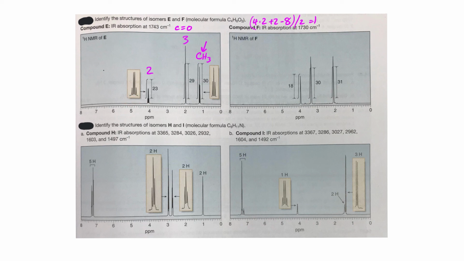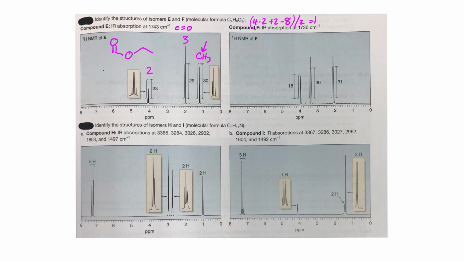So this is very indicative of an ethyl group, probably connected to an O, because the CH2 is so far downfield. So most likely I have something like that, where there's another thing on the other side of the O, but I have an O-ethyl group in my molecule. And that makes sense because I do have a second oxygen. I've already used 1 in my carbonyl, but I have a second oxygen, so most likely this is an ester.